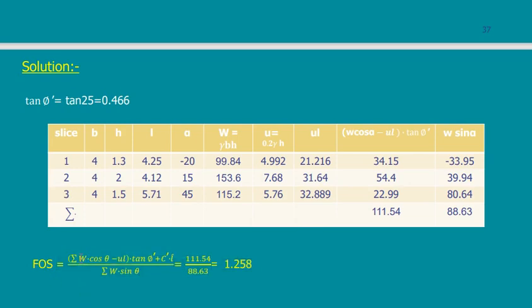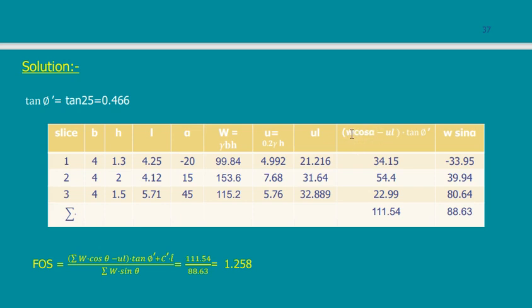This equation includes W cosine, then tan phi. All of the factors should be included in this table so that I can substitute the parameters for each slice, and then get a summation over all of the slices.